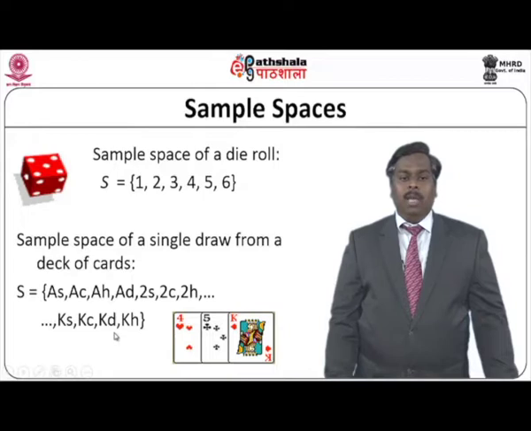The set may have ace of spades, ace of clubs, ace of hearts, ace of diamonds. Then we have cards with number 2 in spades, clubs, hearts, diamonds and so on. Finally, we have the king of spades, clubs, diamonds and hearts. This entire set is said to be the outcomes, which are nothing but the elements of our sample space.